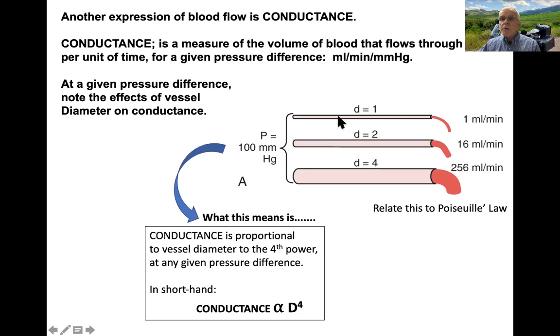So if I've got an arteriole at this diameter and it dilates, if it doubles its diameter, flow through that tissue will go up 16-fold. So if that's skeletal muscle, for example, and we have local dilation of these vessels, the blood flow will go up 16-fold. Okay.